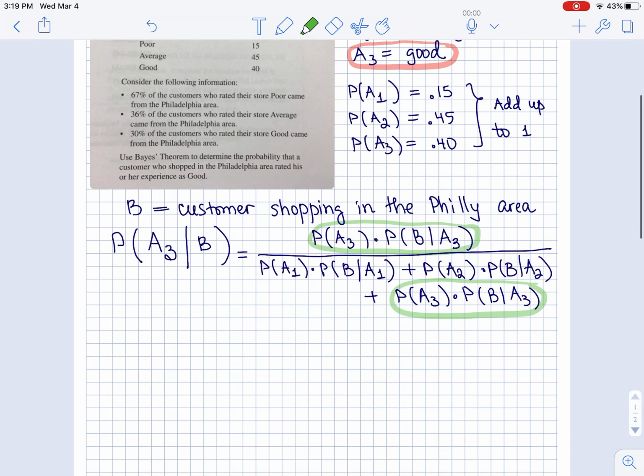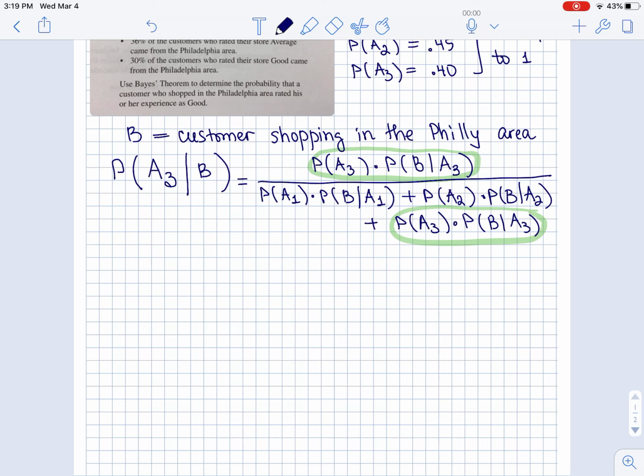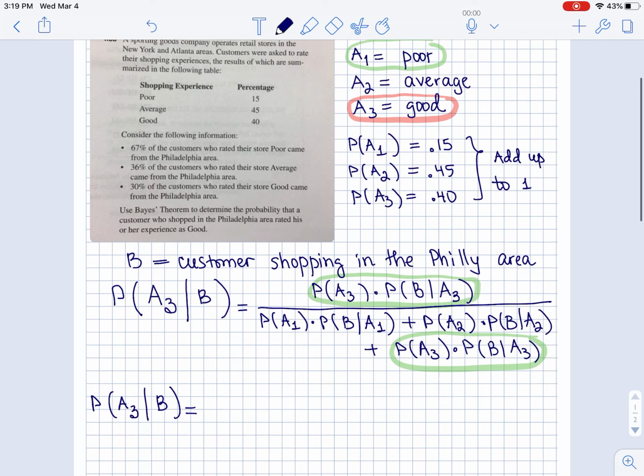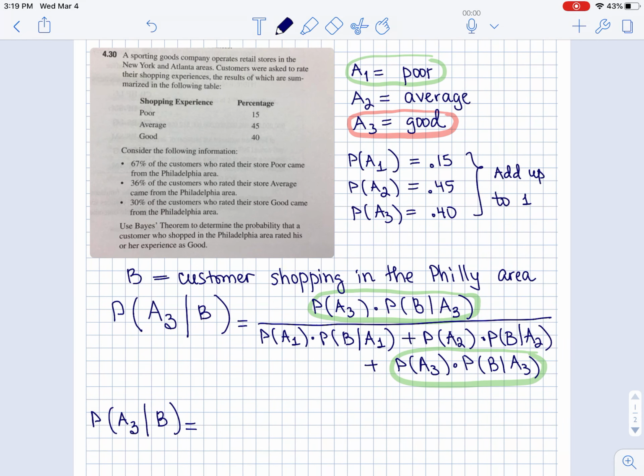Now let's plug in our values. The probability of a customer having a good experience given they come from the Philadelphia area: P of A3 is 0.40 times what?